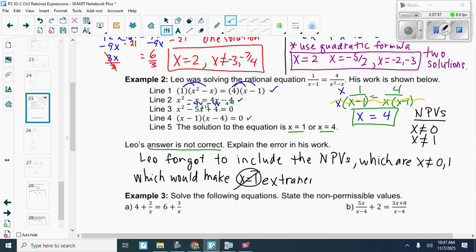Not part of the solution. So that's the error in the work. Sometimes they'll have a question where there isn't actually a mistake in what they did. It's the solution that they didn't check against the NPVs.